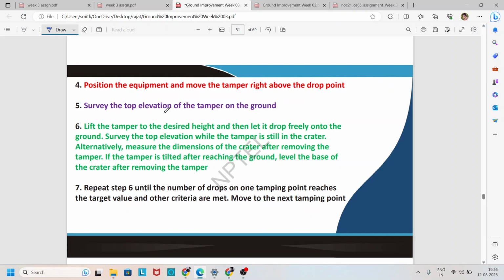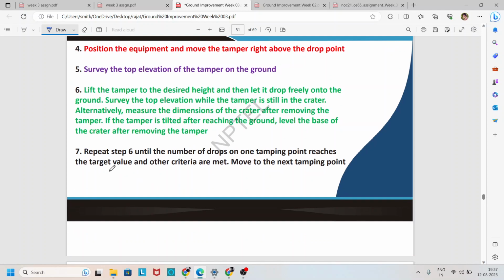Then survey the top elevation of the temper on the ground. Lift the temper to the desired height, and then let it drop freely onto the ground. Survey the top elevation while the temper is still in the crater. Alternatively, measure the dimensions of the crater after removing the temper. If the temper is stuck after reaching the ground, level the base of the crater after removing the temper. Like that, we can do tamping in the ground.